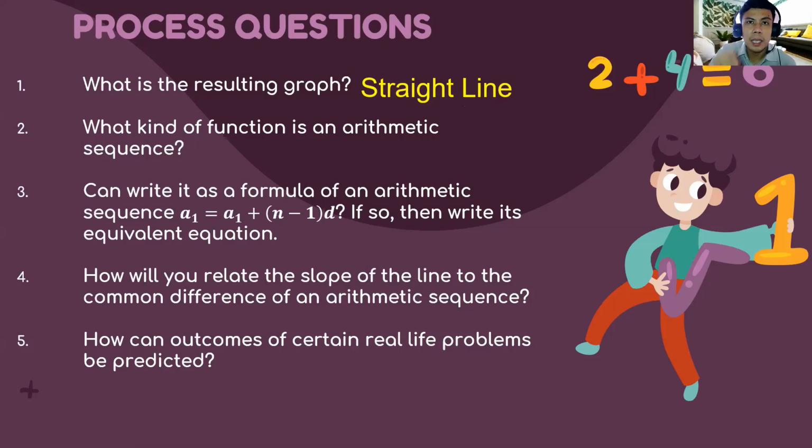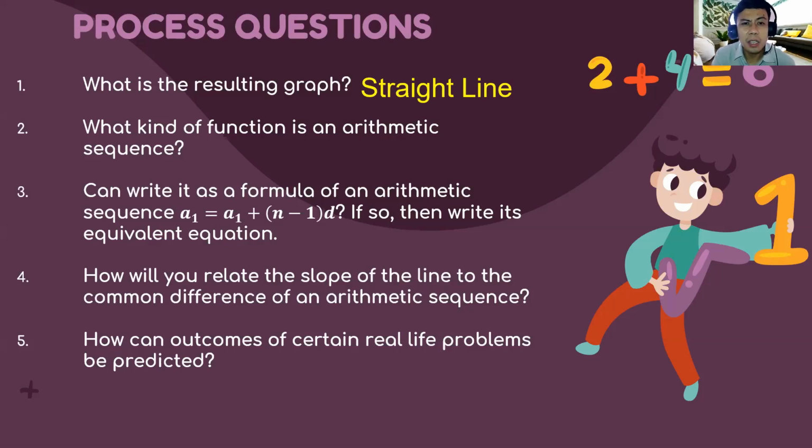If the vertical line intersects only one point, that means the graph is a function. Here, in our resulting graph, it goes up and to the right. When a vertical line intersects that line, only one point is intersected. That means it is a function.